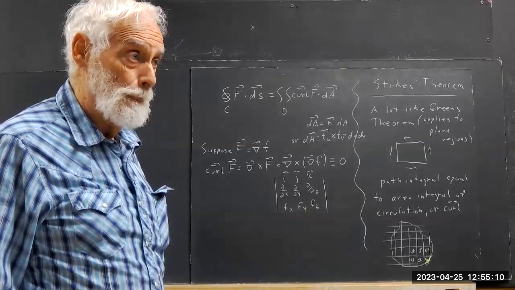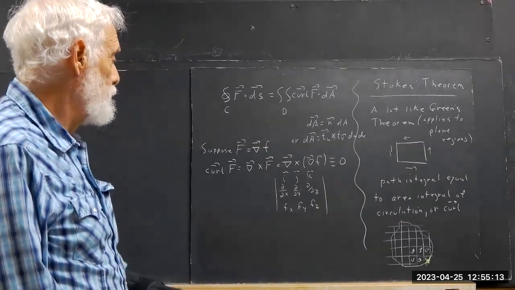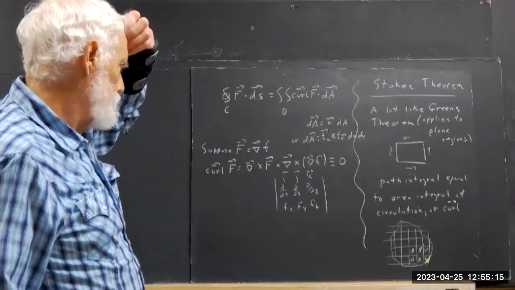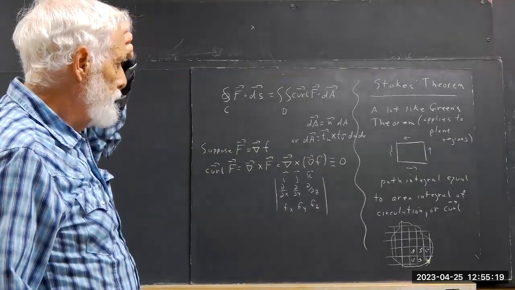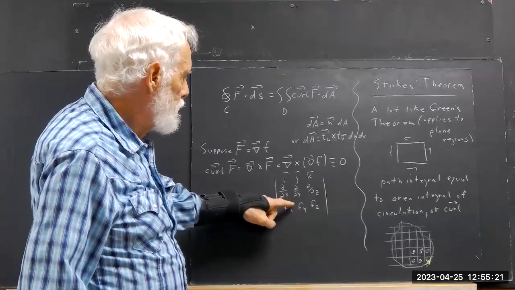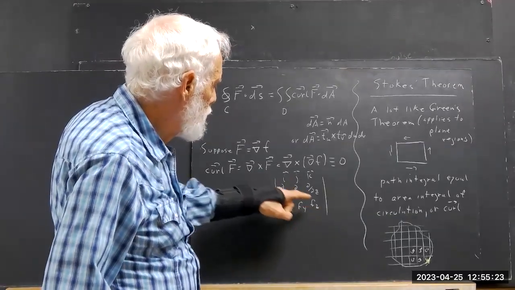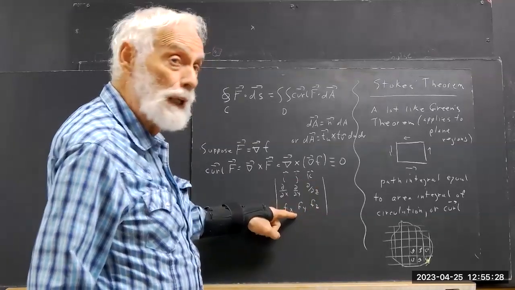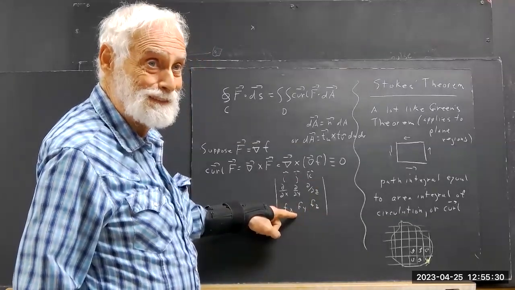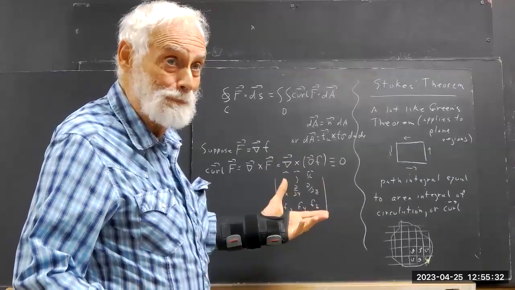I mean, you can see it. On the i component, you're going to have the partial of f_z with respect to y, like f_zy, and here you're going to have a minus f_yz. That's zero. Right?